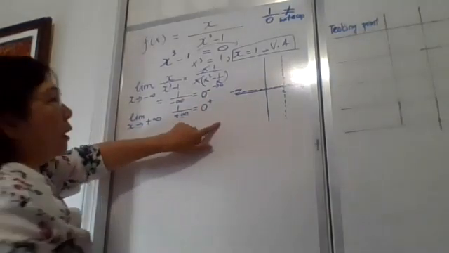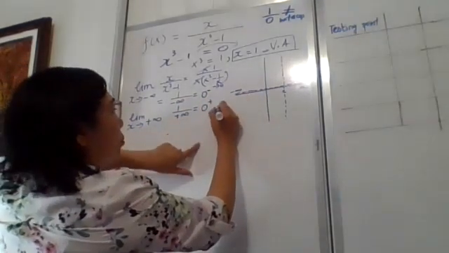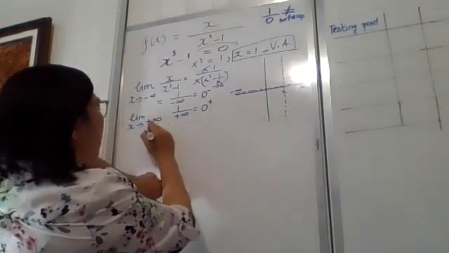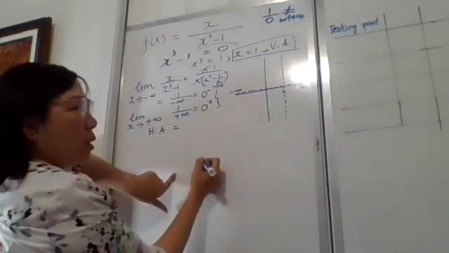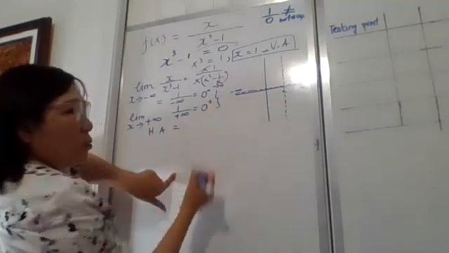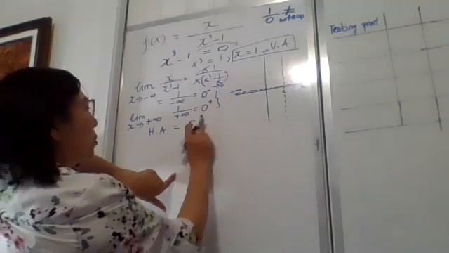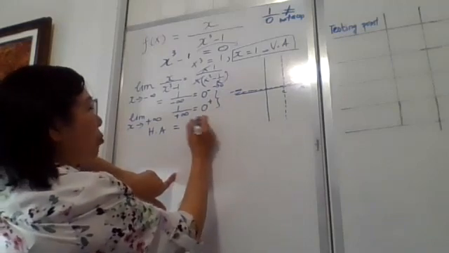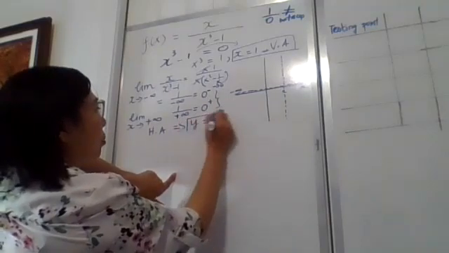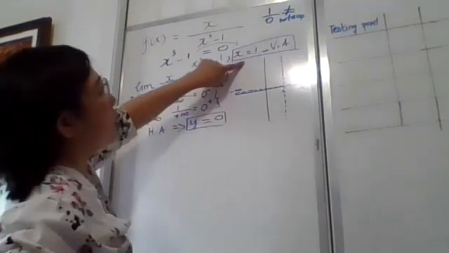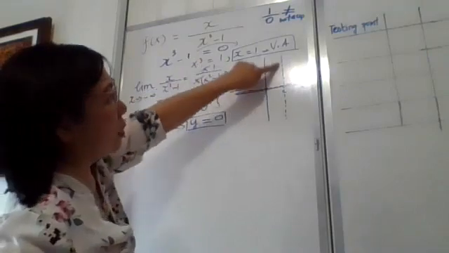So now we know what our horizontal asymptote is: y equals 0, because the limit is 0. The left-hand limit equals the right-hand limit, equals 0. The horizontal asymptote is y equals 0. The vertical asymptote is x equals 1, which is right here.